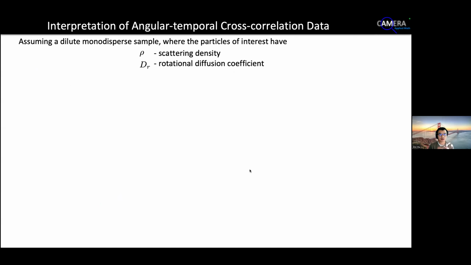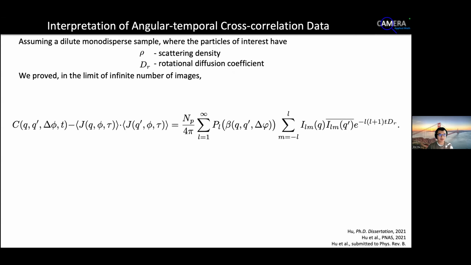Well, assume a dilute monodispersed sample where the particle of interest has rho as its scattering density. So basically, let rho be the electron density of a single particle. Then we can prove the following conclusion. In the limit of an infinite number of images, the cross correlation can be expanded into this series.